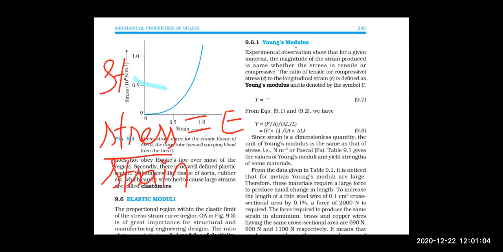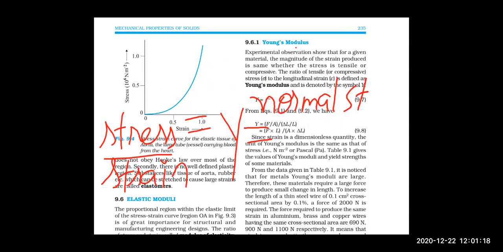Young's modulus. So children, Young's modulus is denoted by the symbol Y. So Young's modulus is equal to normal stress, means you are applying the deforming forces that are normal to the area, right?